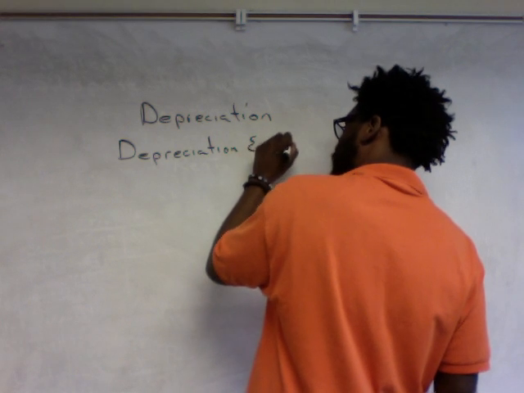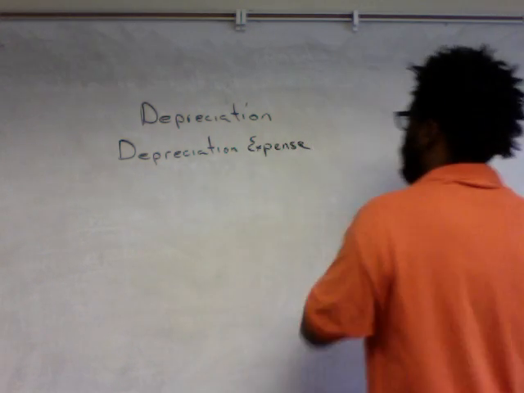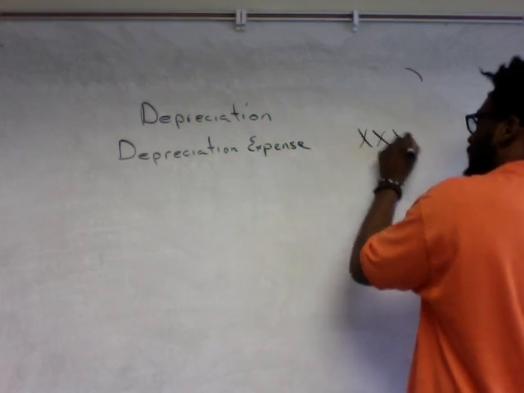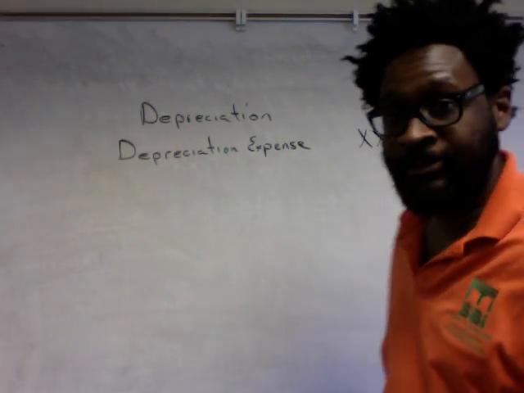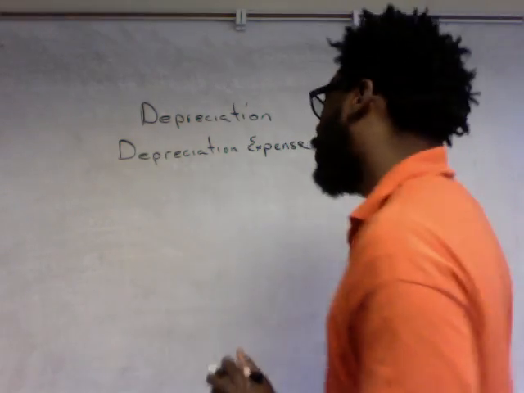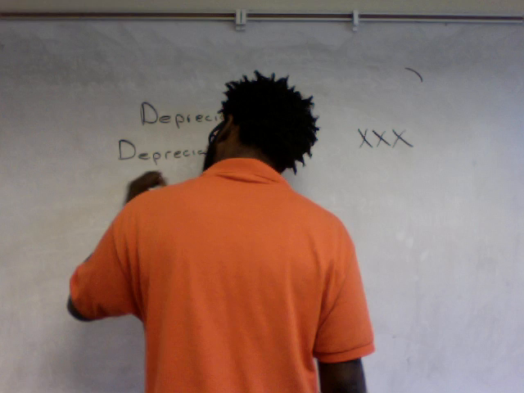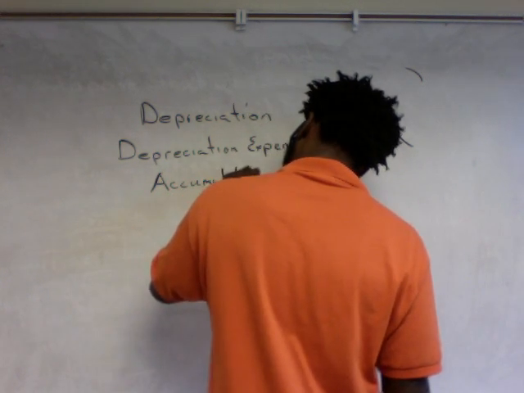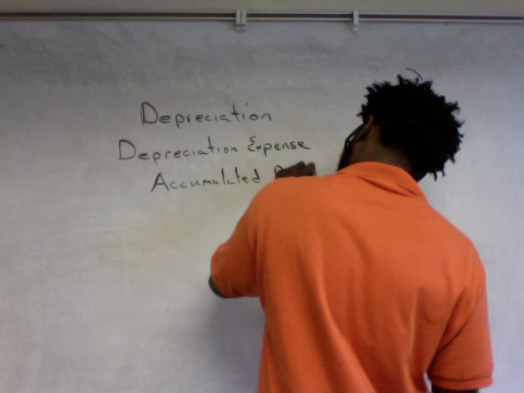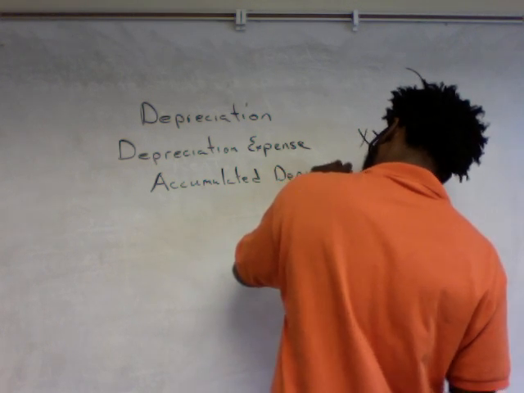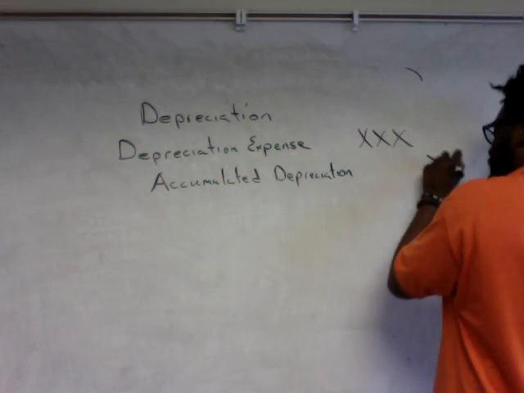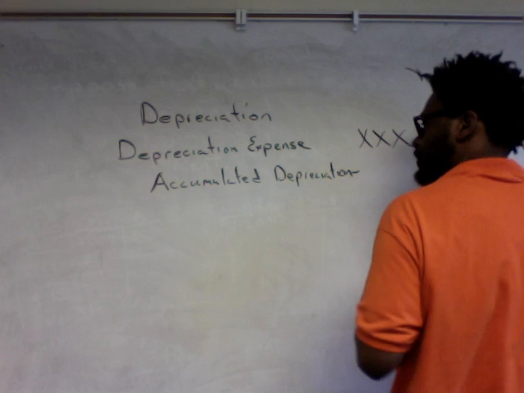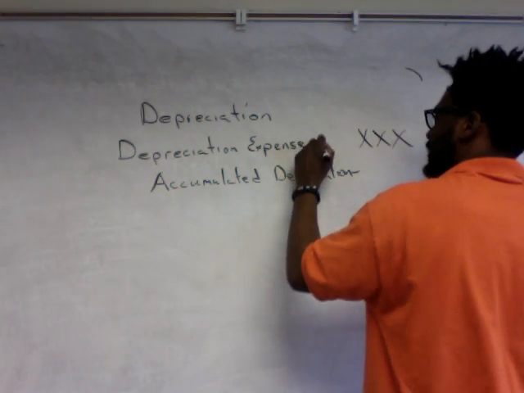because the expense is increasing for whatever amount is given to you, and you always credit accumulated depreciation for the exact amount. Now, accumulated depreciation, and I'm going to put slash asset here.